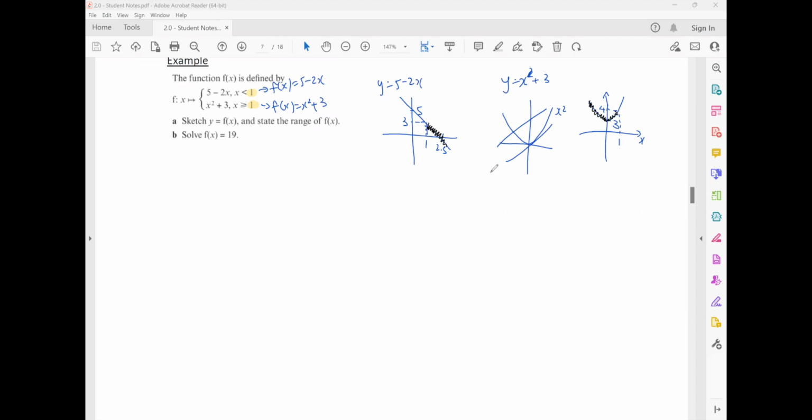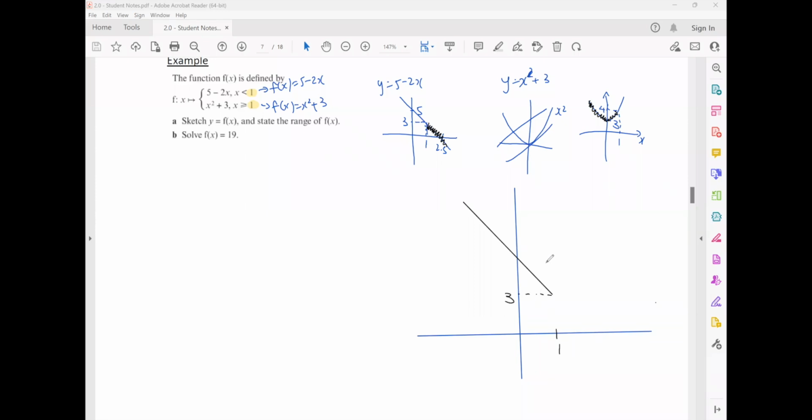So this is the final answer. 1 is a special number we're going to put in there. Before 1, the graph looks like a straight line passing through 5 and 3. That's 1, and the number here is 3.